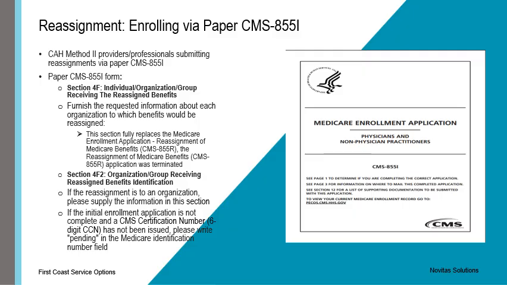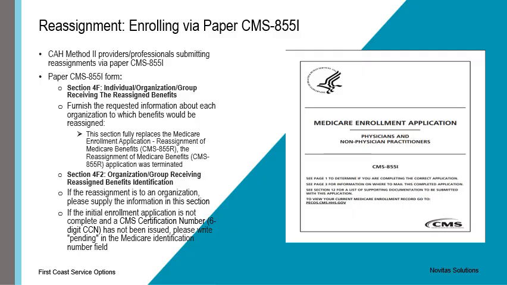Reassignment, enrolling via paper CMS 855I. Let's review how we should be filling this out for the appropriate information in order to reassign correctly. Critical access hospitals, Method 2 providers and professionals submitting reassignments via paper CMS 855I.